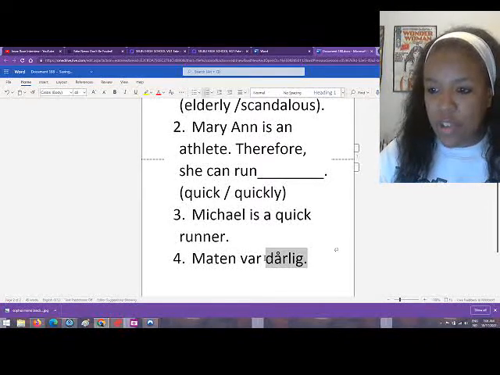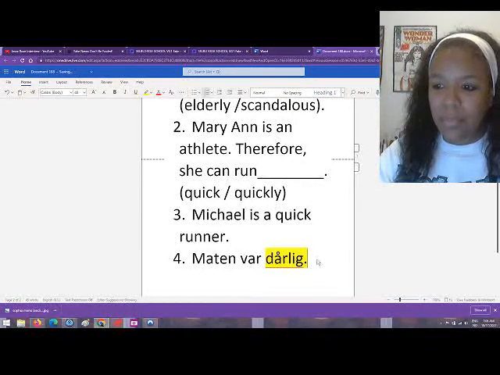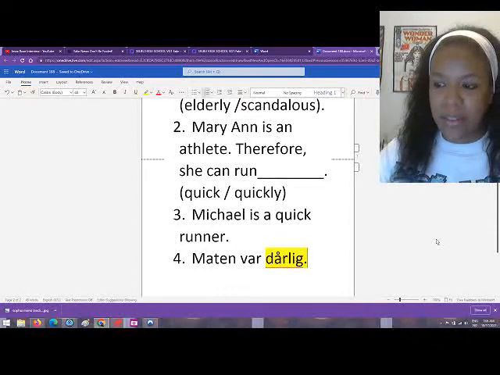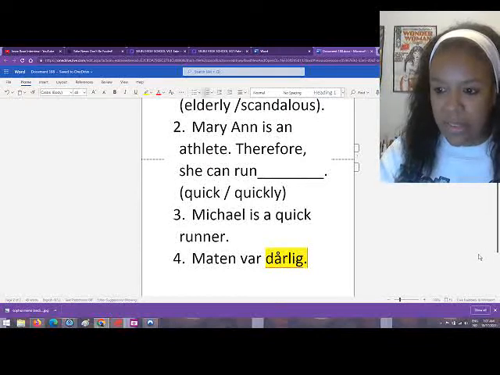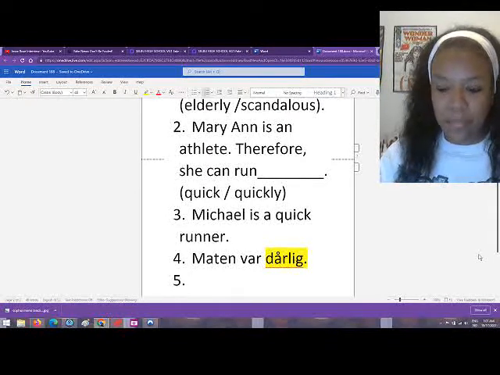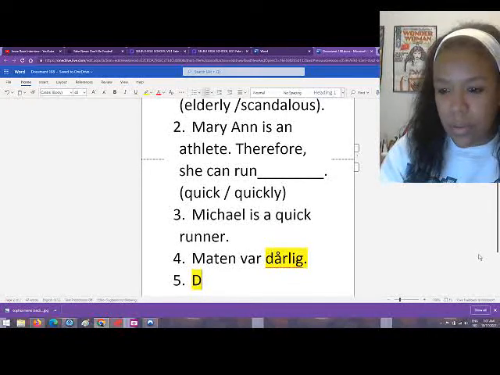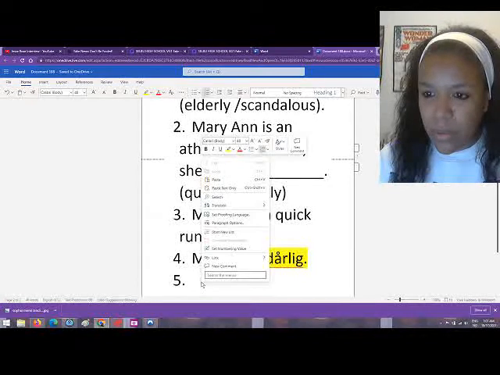Here's your adjective. So I'm talking about the food, that the food was bad. So in Norwegian, the word for bad is the word in yellow that I just put up there. And now here's the adverb.